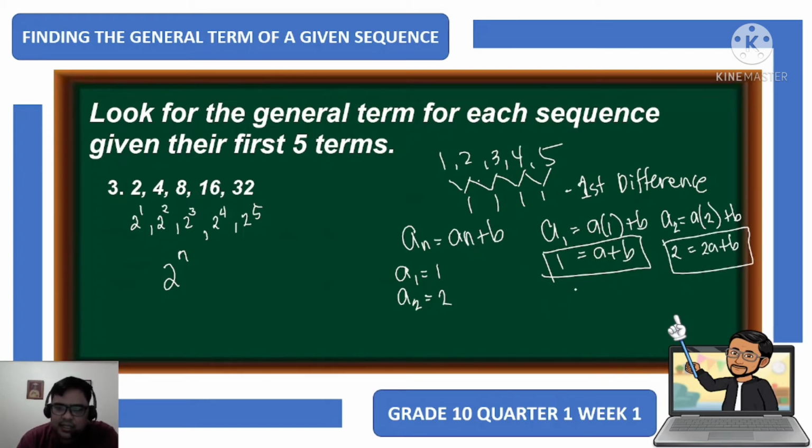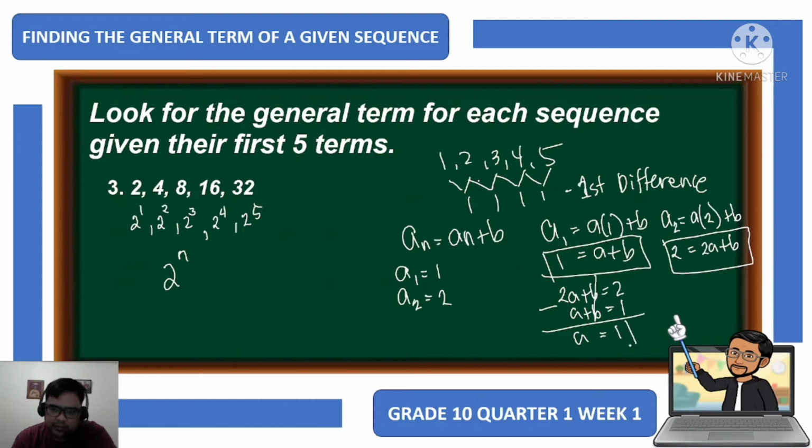So, again, linear na siya, system of linear equation. So, copy, 2a plus b equals 2, a plus b equals 1. So, therefore, again, to look for the value of a, we use the elimination method. So, subtract 2a minus a is a, b minus b, cancelled out, 2 minus 1 is equal to 1.